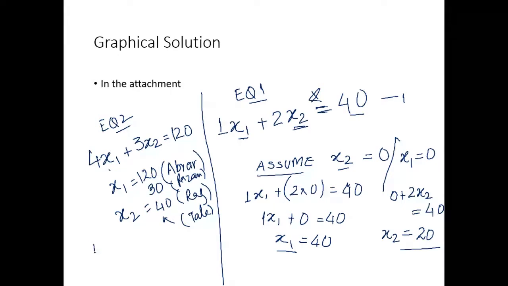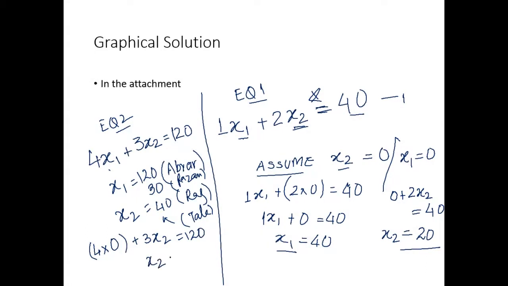It's easy. So what we do, we first say x1 is 0, plus 3x2 is equal to 120. So 3x2 is equal to 120. So 120 divided by 3 is 40. All right.